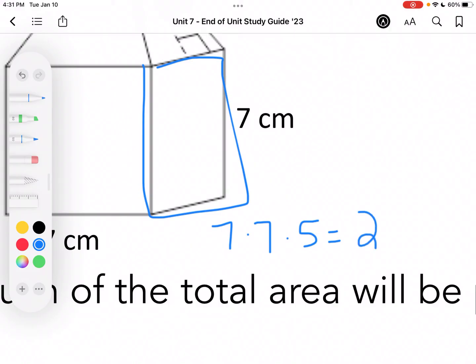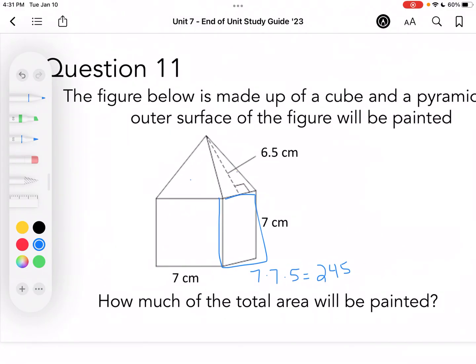So that's 245. And then I have 4 of these triangles. So that's going to be 6.5 times 7 divided by 2 times 4. And I get 91.